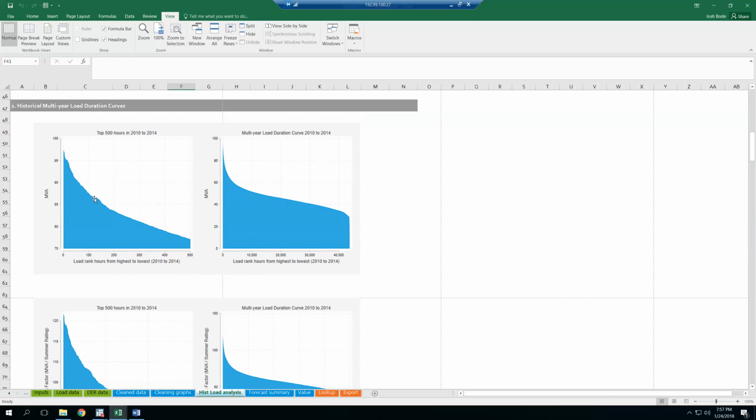As a quick reminder, a load duration curve is simply ranking the hours from the highest load to the lowest load in order. So this is the peak overall, the second highest, etc. It becomes very relevant because a lot of the criteria for upgrades are tied to not exceeding the long-term emergency rating for too many hours.